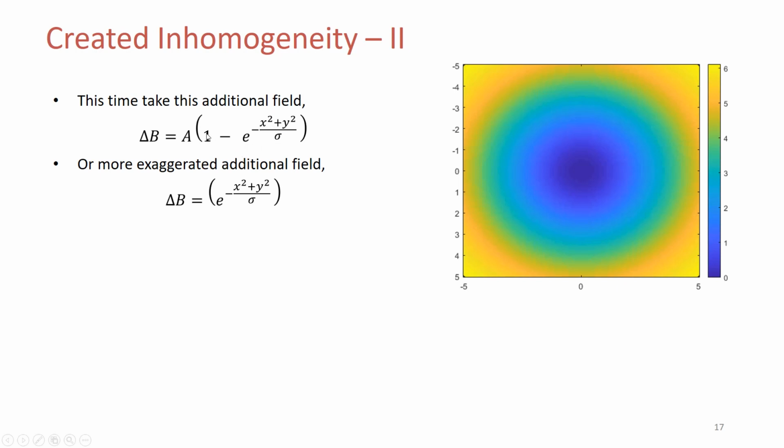By applying minus one times it, I actually reduced the deviation in the center of the scanner. To show a more exaggerated additional field, I can just directly take this one, and this time the additional field at the center becomes much higher, so I expect to see much more deviation in the center.